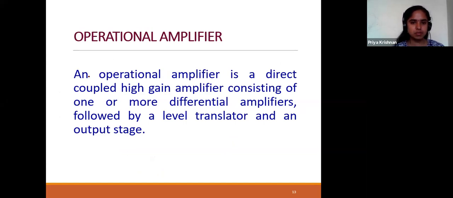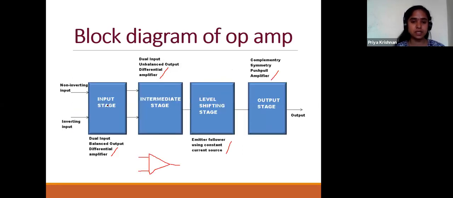Now we will come to the typical definition of an op amp. An operational amplifier is a direct coupled high gain amplifier. Why is it a high gain amplifier? The differential amplifier in the input stage and the next stage give the high gain.